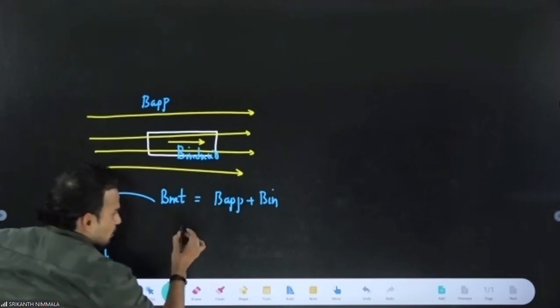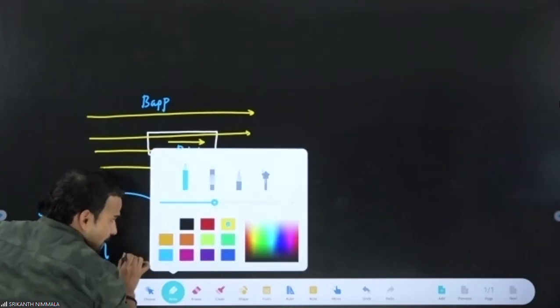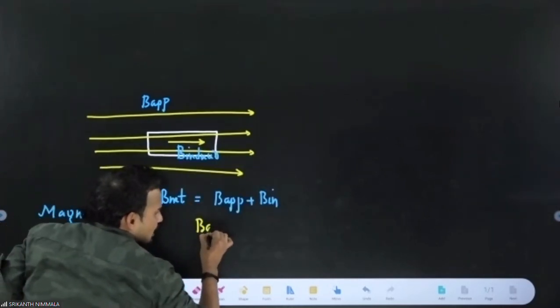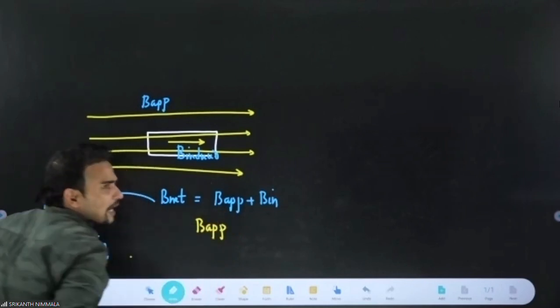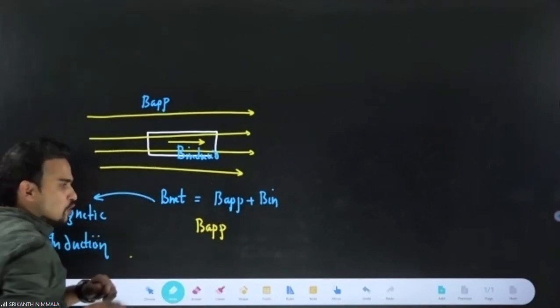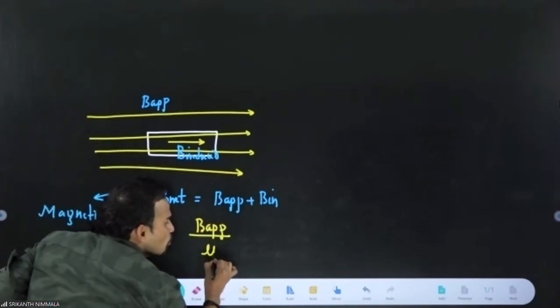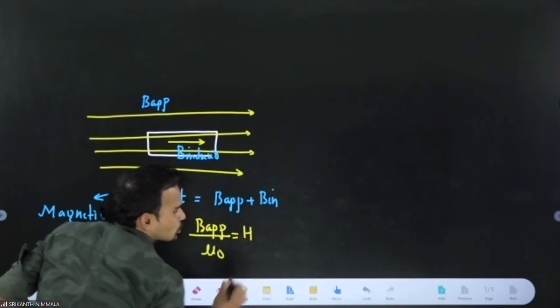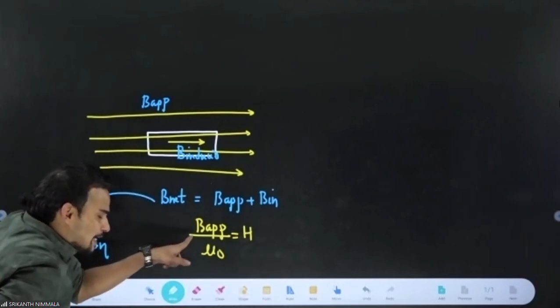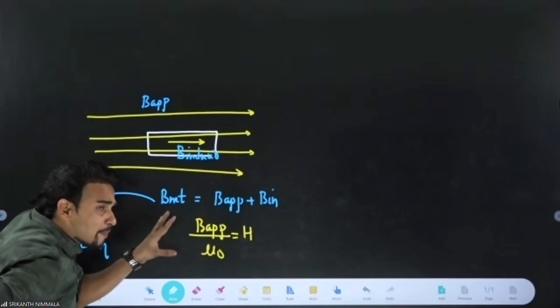Now always remember, be focused, understand. This B applied, I told you, is associated with the applied field, you have H. So B applied by mu naught is known as H: applied magnetic field per unit permeability.